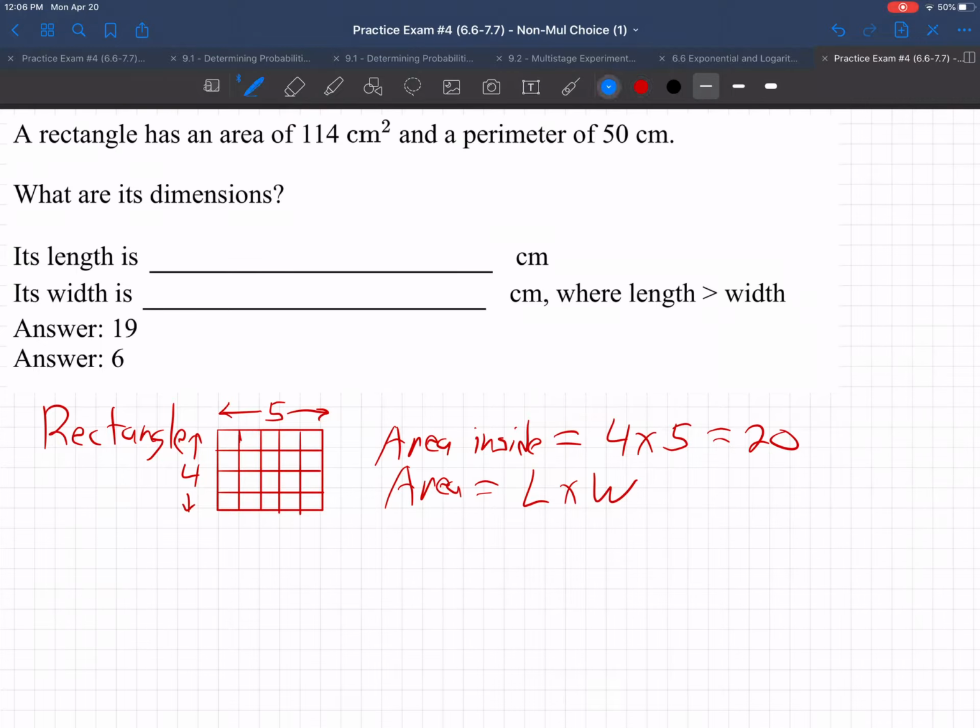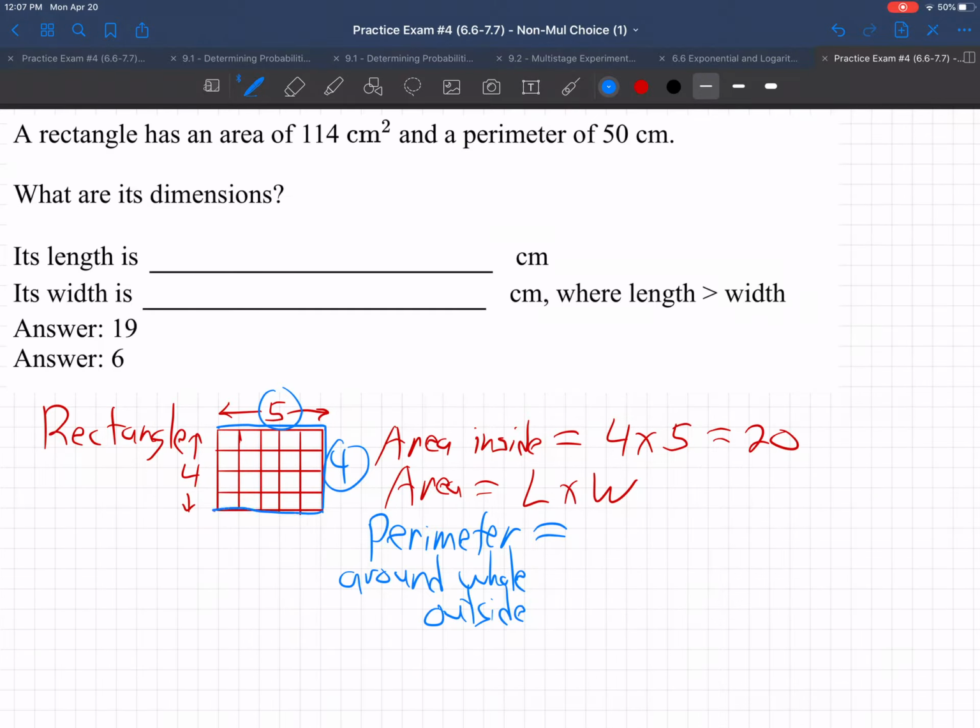Now the perimeter means around the whole outside. So if you go around the whole outside, it would be 5 this direction, and then 4 this direction, and then 5 this direction, and then 4 that direction.